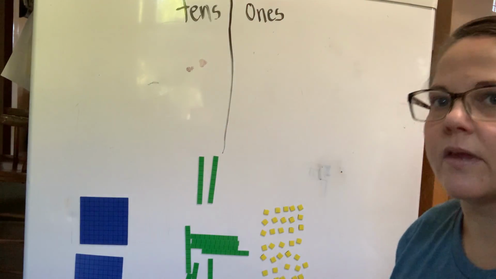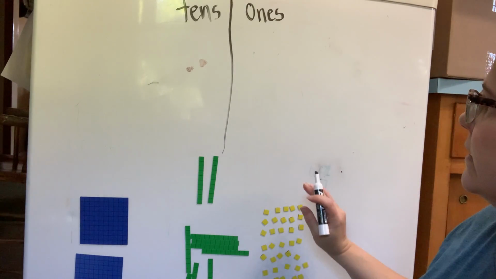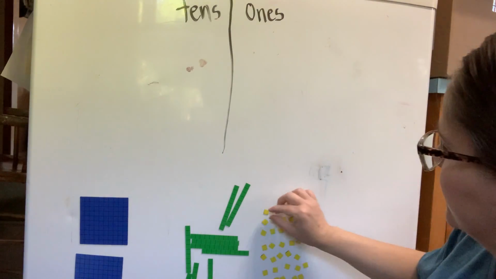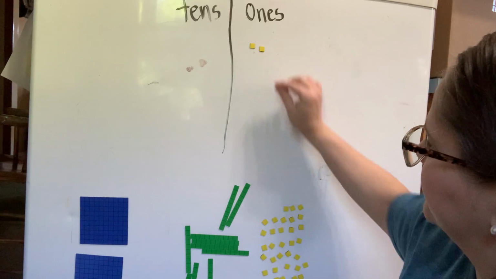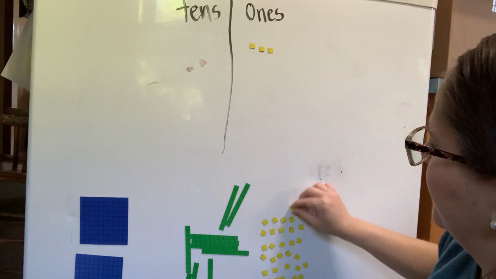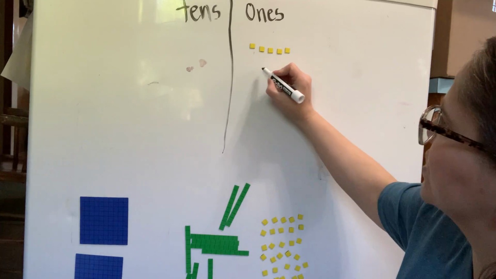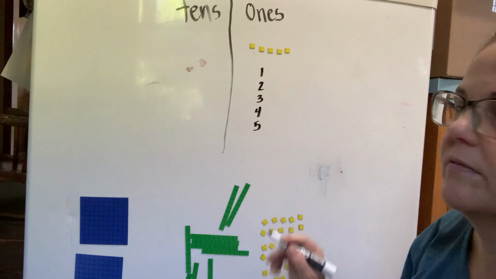Now, we can put these little units in. So I can have a 1. I can have 2. I can have 3. I can have 4. I can have 5. So the numbers 1, 2, 3, 4, 5.